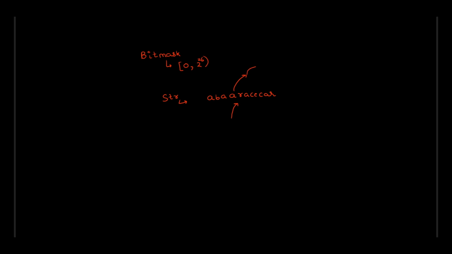That frequency array has a unique bit mask associated with it, which is just a number, let's say num. Just by looking at this number, what can you tell me about the answer?